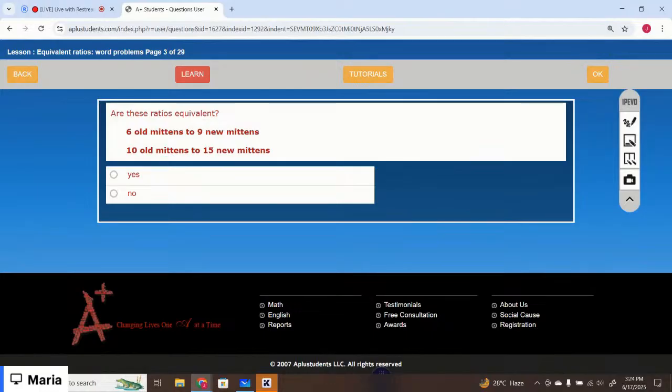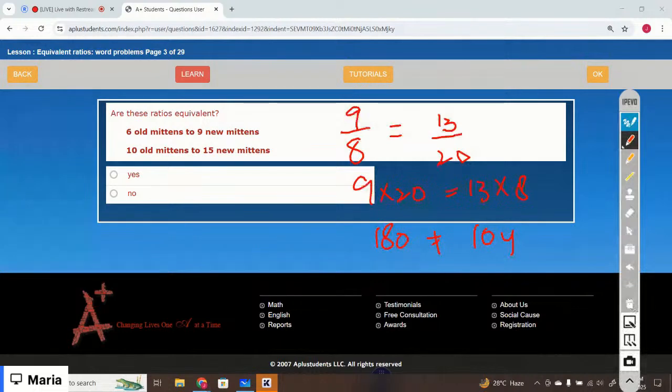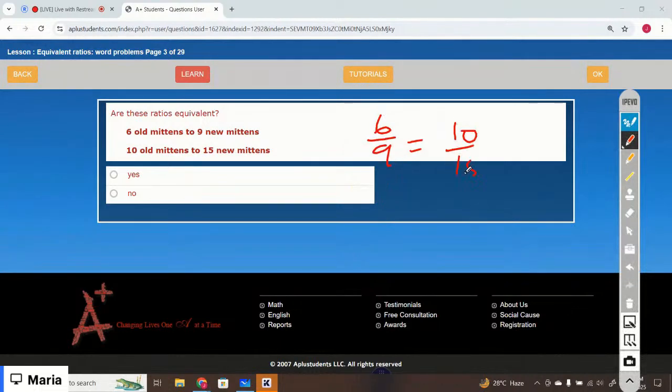Are these ratios equivalent? That is 6 whole meters to 9 meters and 10 whole meters to 15 meters. That is 6 to 9 and 10 to 15. So 6 times 15 and 9 times 10.